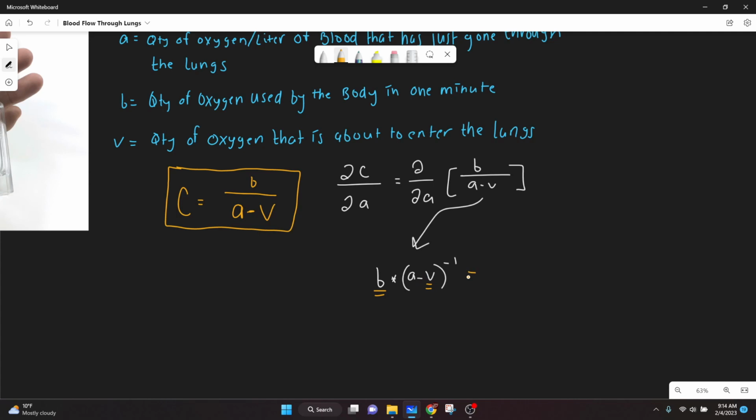So the derivative of this will look something like B times u to the negative 1. Use our power rule, negative 1 times B. So this is equal to negative B times u to the negative 2nd power.